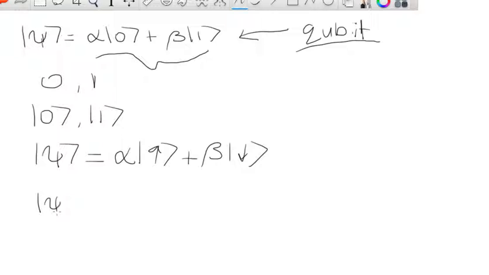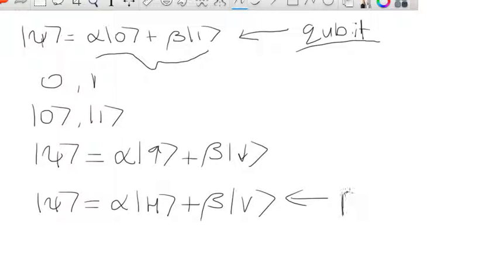So we can write ket psi is equal to alpha ket H plus beta ket V, where this now stands for the horizontal polarization and the vertical polarization. Okay, so these correspond to polarizations, and this is spins of an electron.